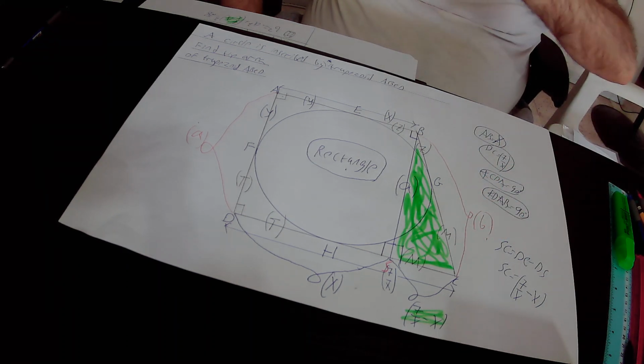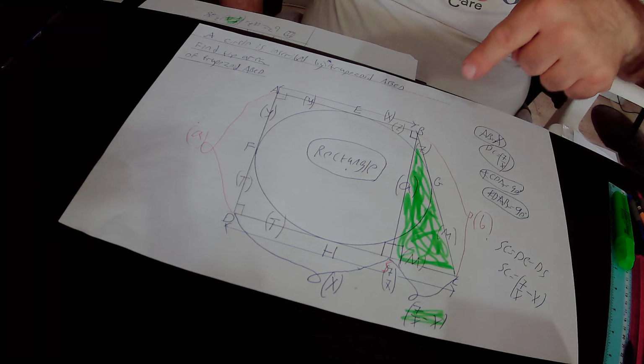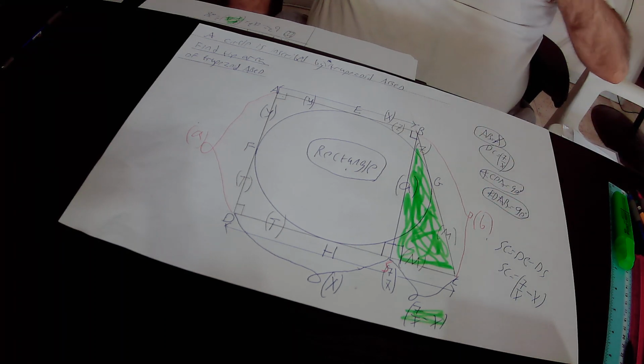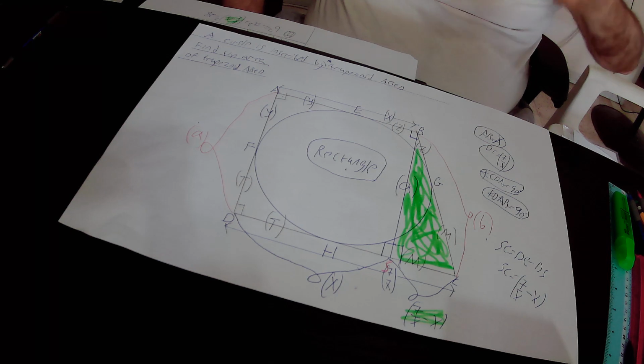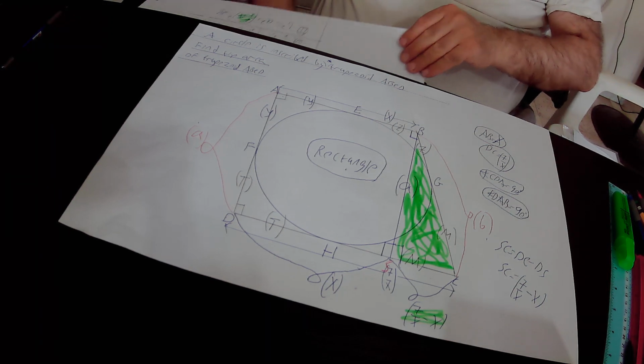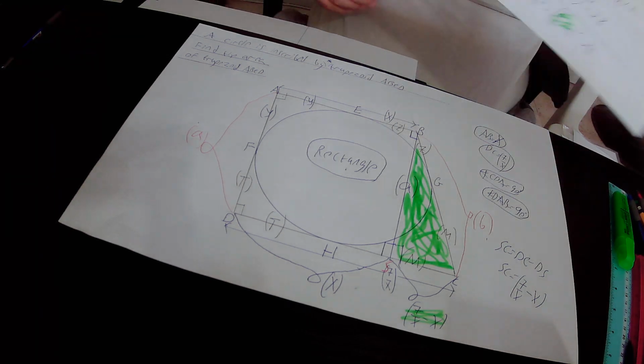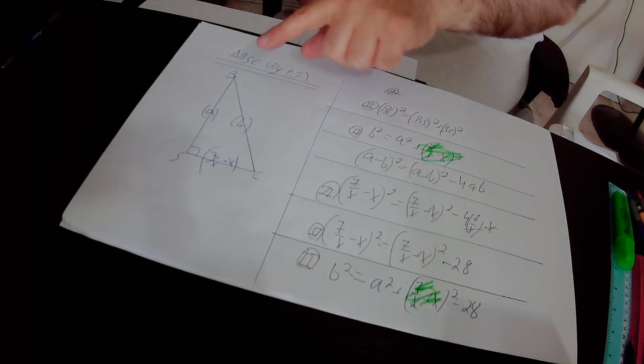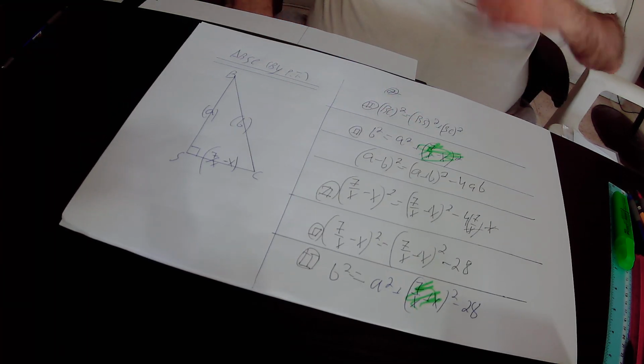In the next step, I copied the green right triangle BSC onto a new page and applied the Pythagoras theorem. This is the green right triangle BSC that I copied from the original drawing.